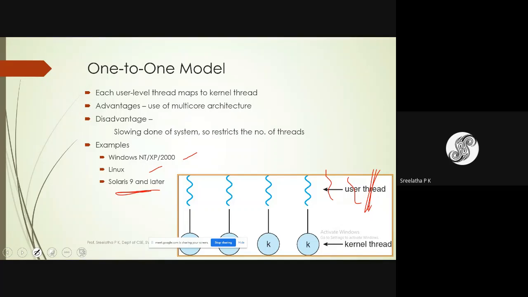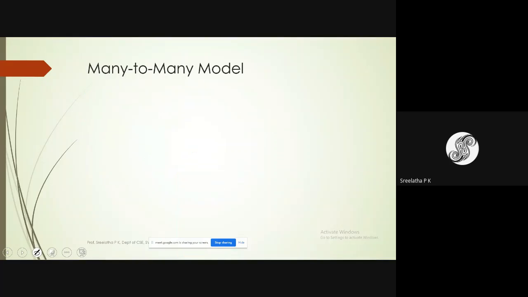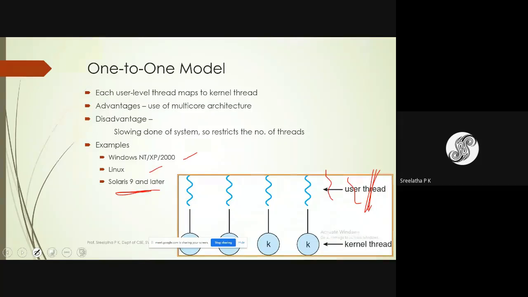A program is executing, it can create its own number of user level threads, and correspondingly its kernel level threads are also created. So you can note down the examples of operating systems which use threads: Windows NT, XP, 2000, Linux, Solaris 9, and later systems.